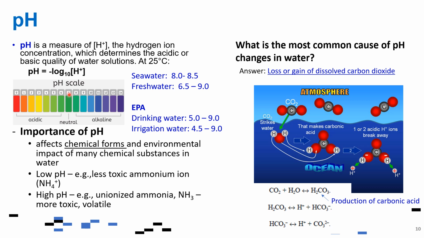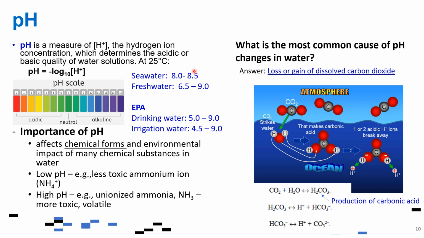We know that the neutral pH is 7, so it's neither acid nor alkaline. But below 7, we call it acidic, and around this part is highly acidic. And alkaline is those that are beyond 7, so 8 until 14. The highest one is 14.